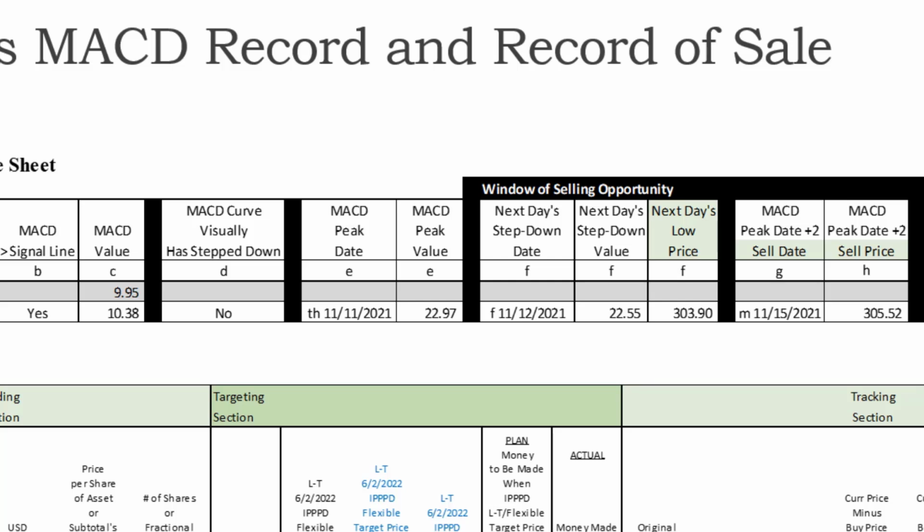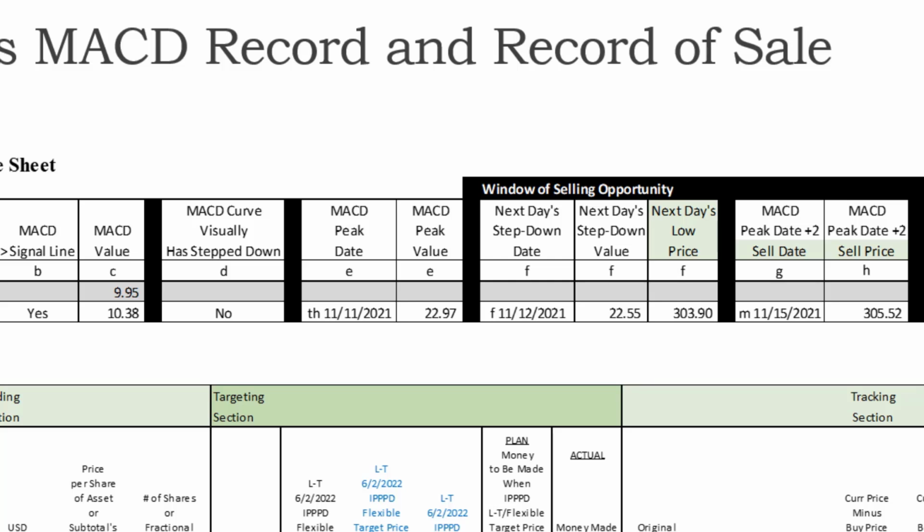It is the third of the four prices, $303.90. The step down MACD value should naturally be less than the MACD peak value. The low price, $303.90, is higher than the flexible target price of $198.86.